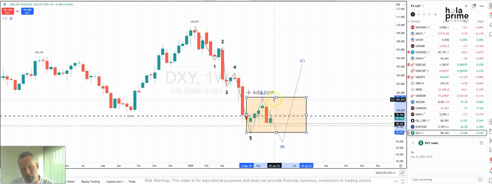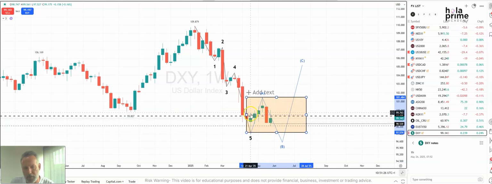And what Wyckoff says is that this is basically where smart money is accumulating positions. So smart money is accumulating long positions within this range, and what has a tendency to happen is that we'll spike lower, and that spike lower takes out all of these early dollar longs.